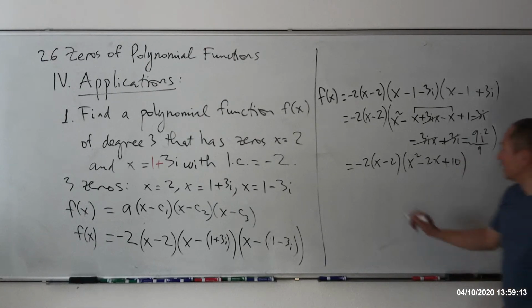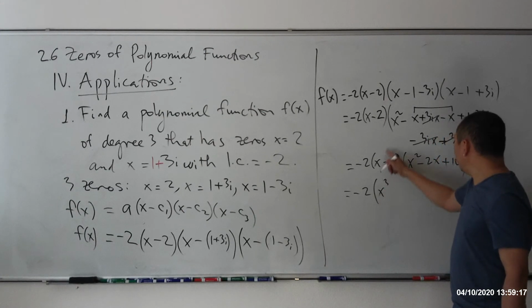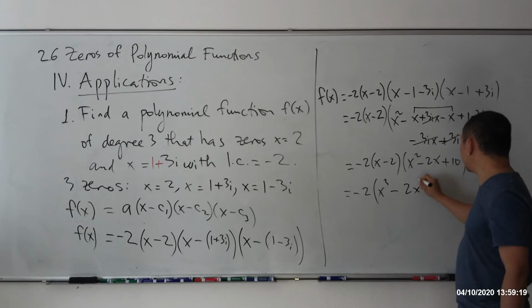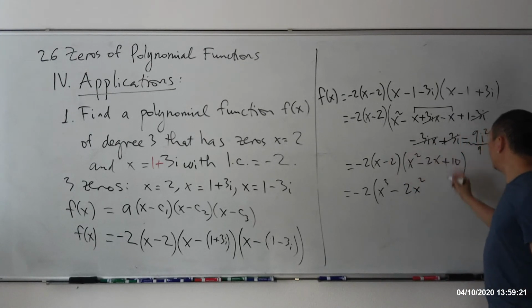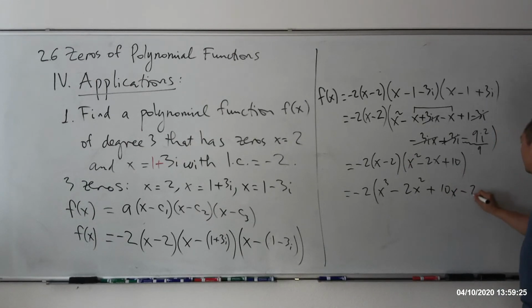Alright, now FOIL one more time: negative 2, x cubed minus 2x squared plus 10x, negative 2x squared plus 4x, and then minus 20. Now combine the like terms.